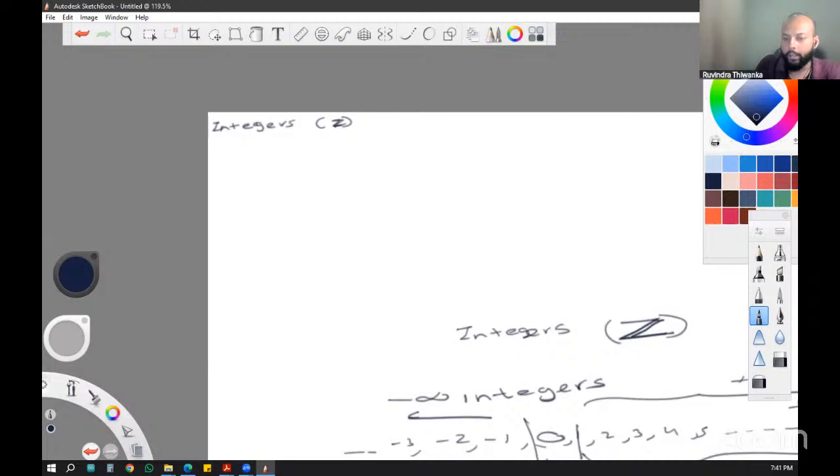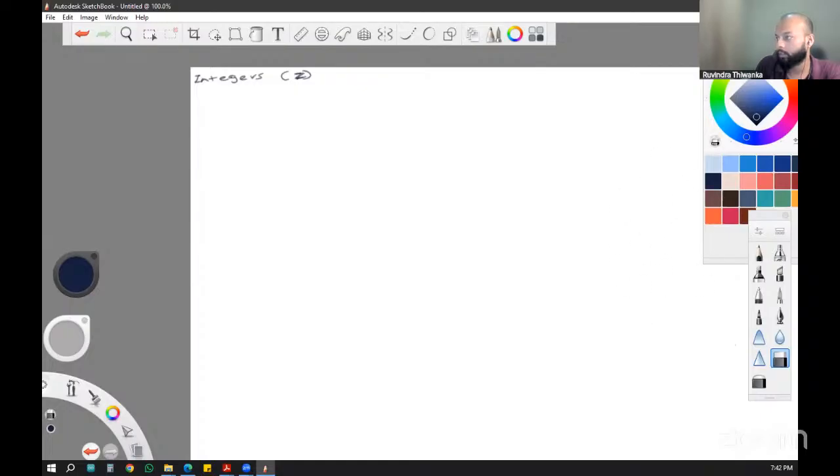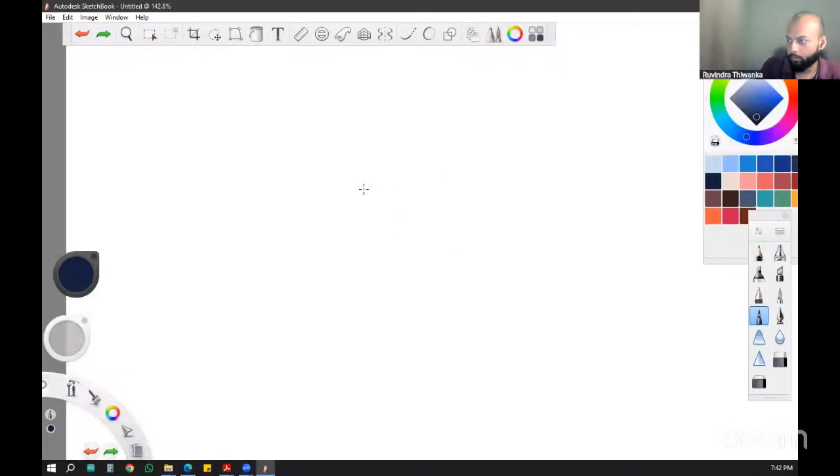If I tell you the other thing we are going to learn about, it is natural numbers. Natural numbers we show with a symbol like this.